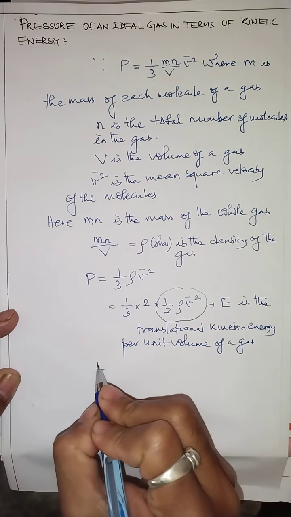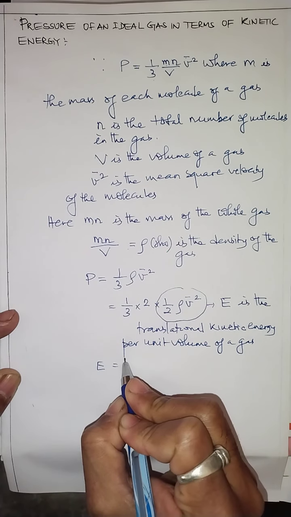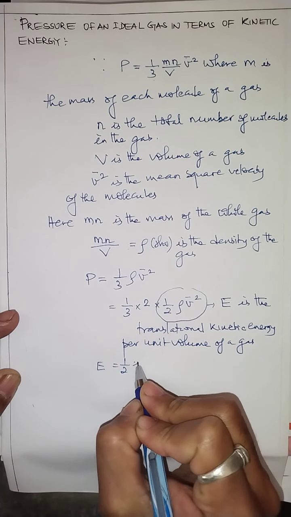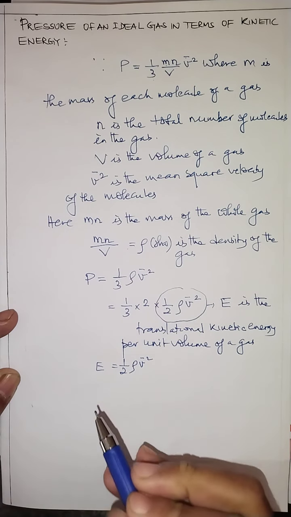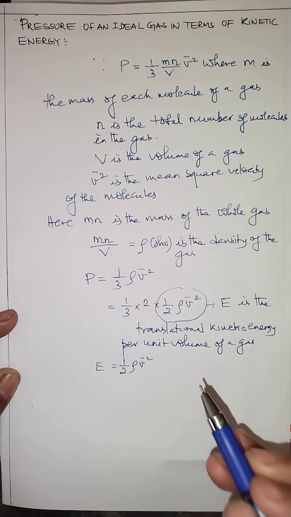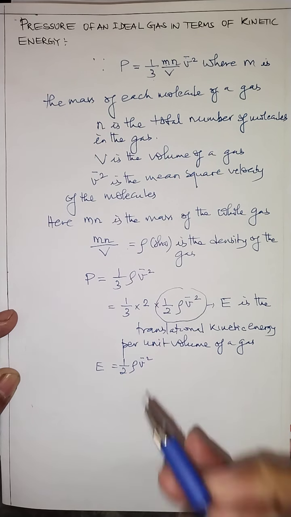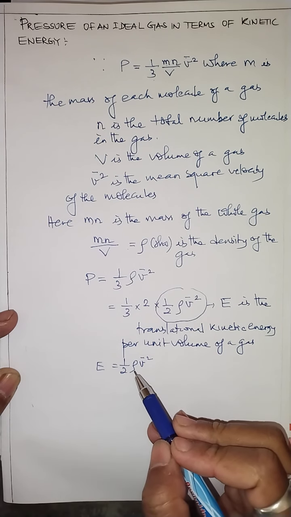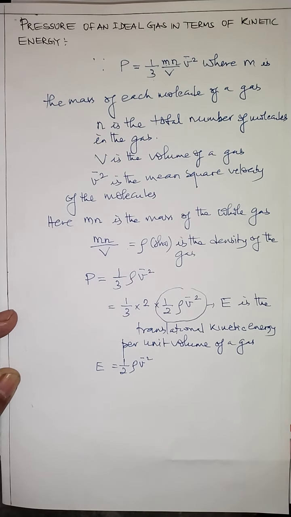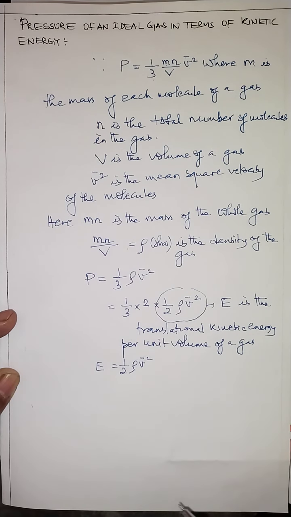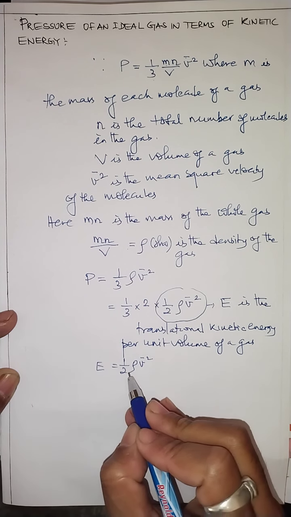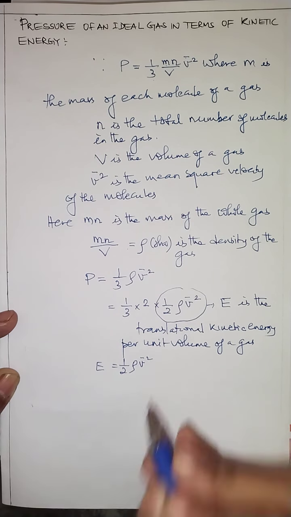So E is nothing but 1 by 2 rho v bar dash square. That means the translational kinetic energy of the gas can be written as 1 by 2 rho, the density of the gas, and the velocity which we measure for this gas is called mean square velocity. So E equals 1 by 2 rho mean square velocity.